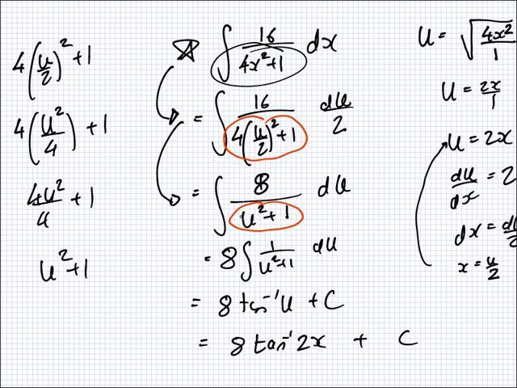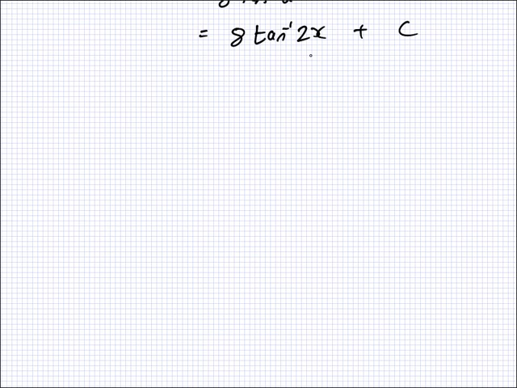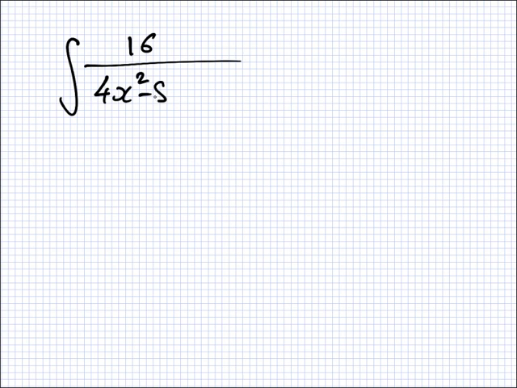The next example is what you were thinking of: what do you do when you have 3 terms, not just 2. Okay, scroll down. We have to integrate 16 over 4x squared minus 8x plus 8 dx.